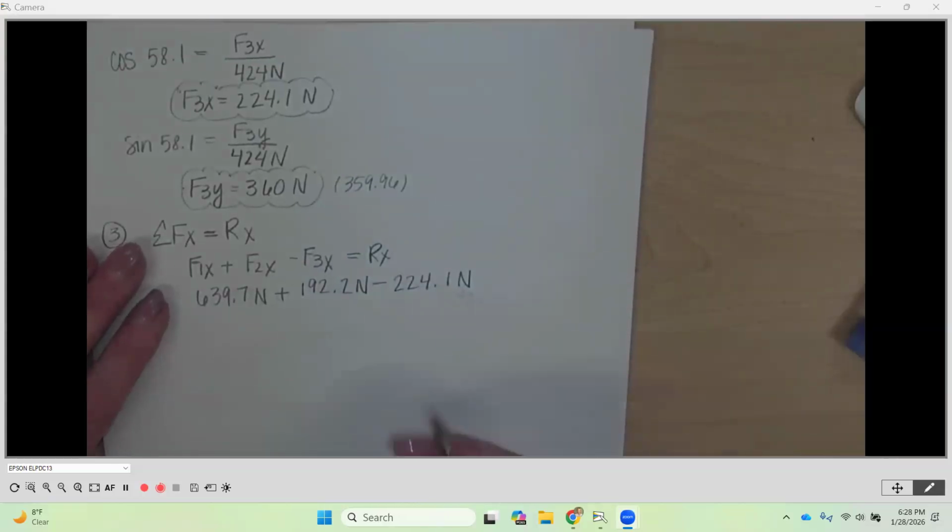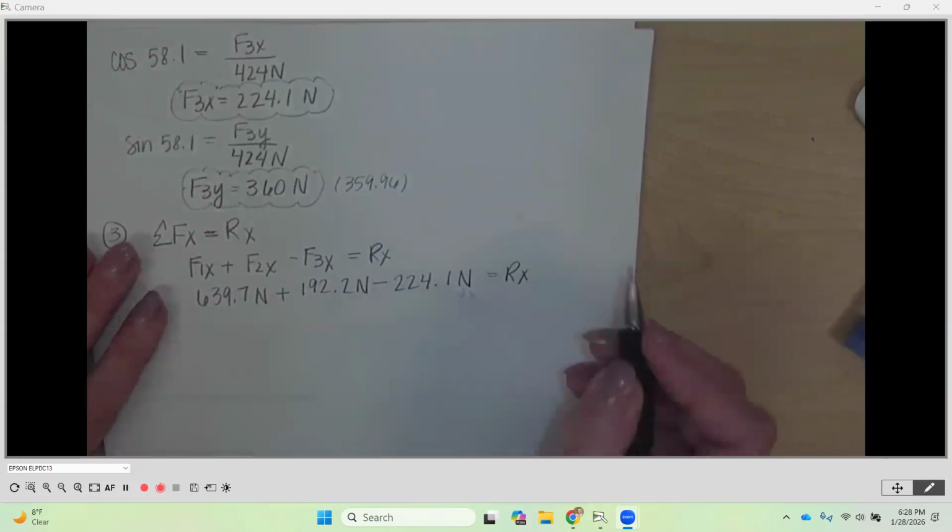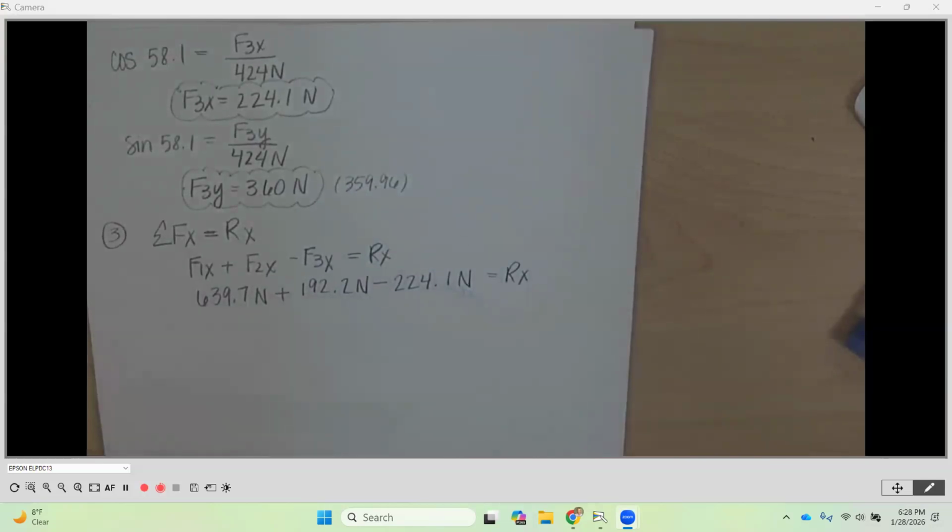That's all the forces on the left-hand side with their units, and I'm going to set that equal to the resultant X component. So now I can add and subtract to find the value.